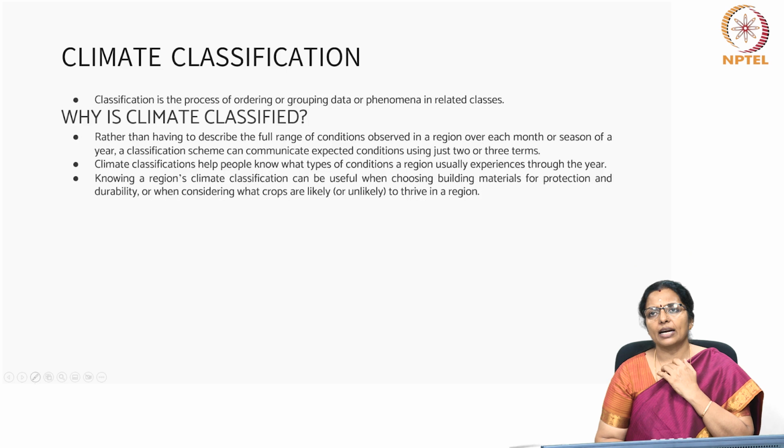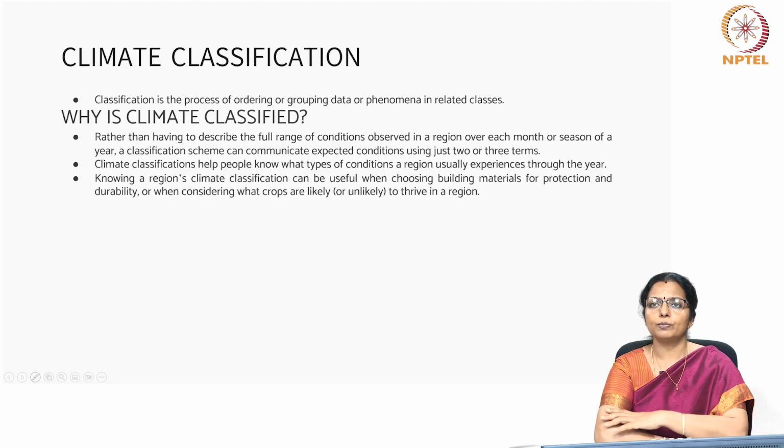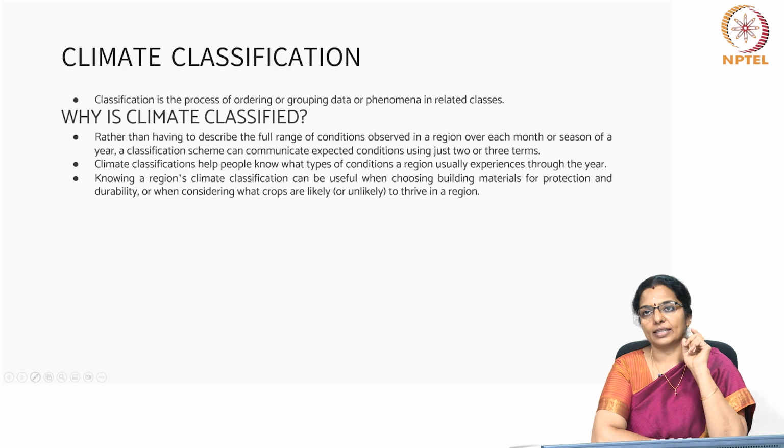Talking about climate classification, it's like sorting things into groups based on their similarities. But why do we do it for climate? Well, instead of describing every single detail about weather in a place, we can use a few words to sum it up.